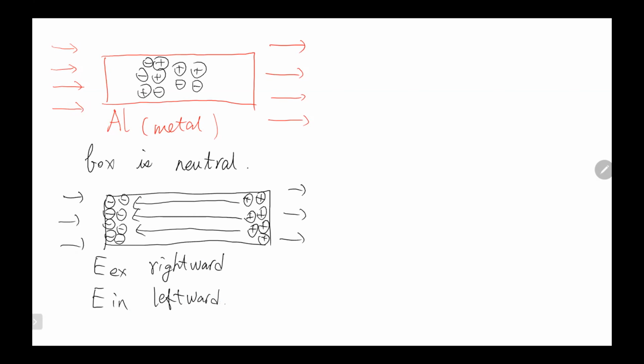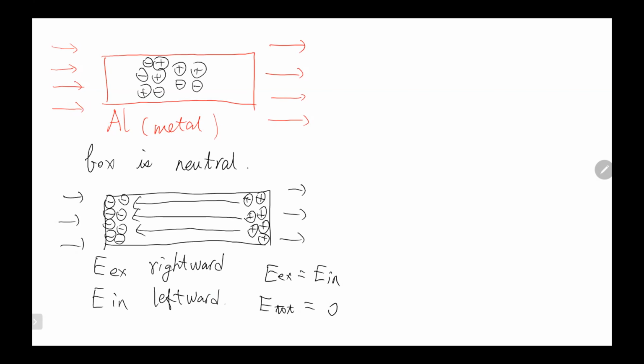So at the steady state, the external electric field is equal to the internal electric field, and the directions are opposite, so these two electric fields cancel out. Inside of the box, the total electric field is equal to 0.